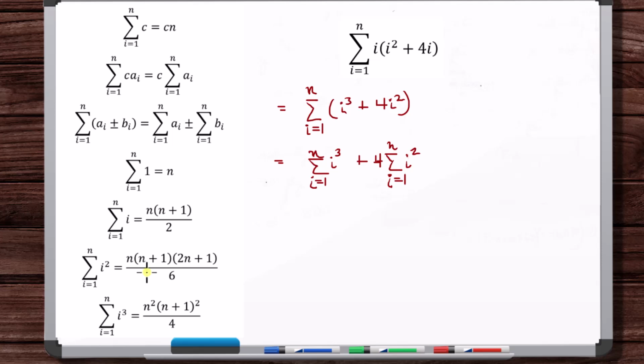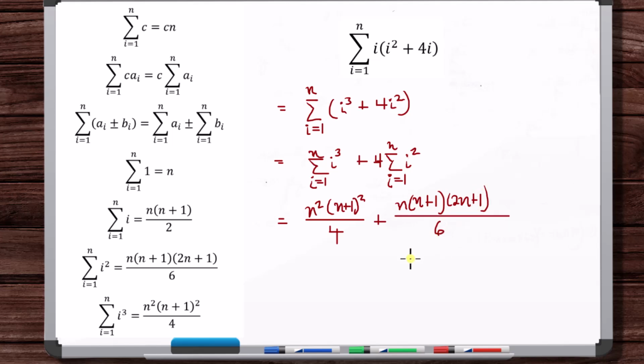And there you go. Now we can just substitute using the i cubed and the i squared formulas. And that's your answer.